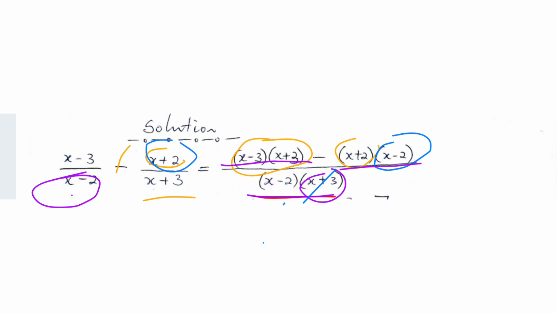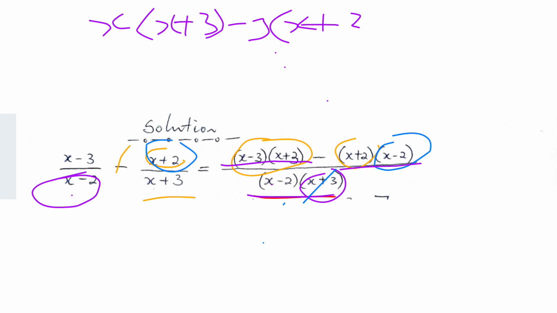Right, to expand x − 3 by x + 3, it is done like this. We take the first term in the first bracket, x, and multiply it by the second bracket, which is x + 3, and then we take the last term in the first bracket, which is −3, and multiply it with the second bracket, which is x + 3.